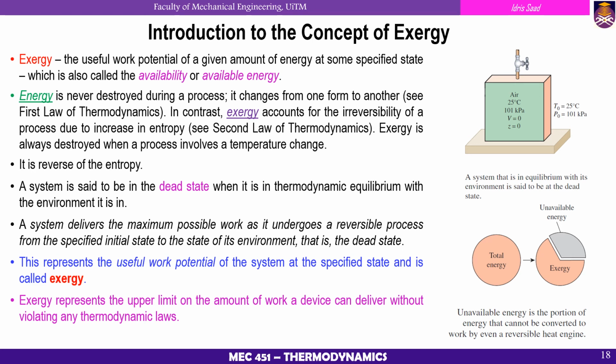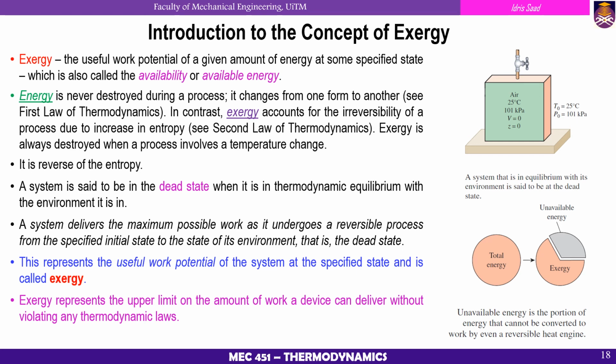That means the temperature of the thermodynamic system is equal to the temperature of the surroundings. Since the second law says that energy will naturally transfer from a higher degree of energy to a lower degree, no energy will be transferred if the system and surroundings have equal temperature. Therefore, it is called the dead state.